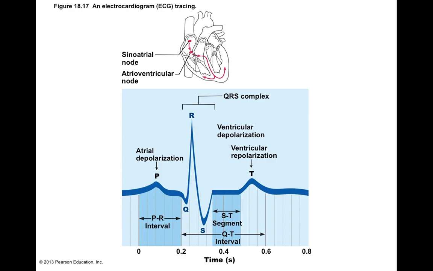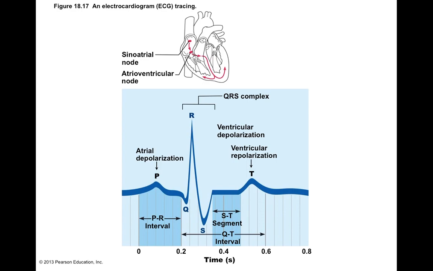Remember when we looked at the action potential? If the curve deflects upward, that means depolarization, and if it deflects downward, that means repolarization. That's not the case with EKGs, and that's because of just how they're measured. These deflections just mean a change, right? The change could either be depolarization or repolarization, but the deflection just represents a change, not the direction of that change, if that makes sense.